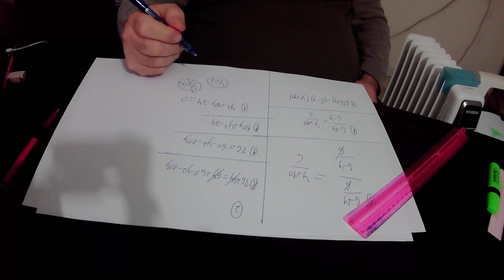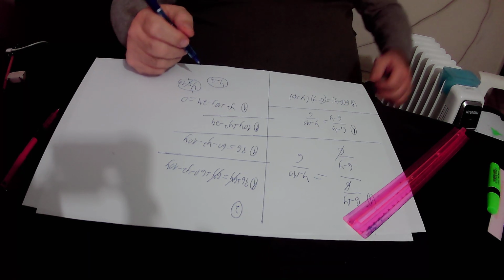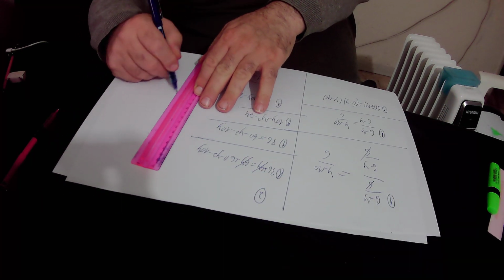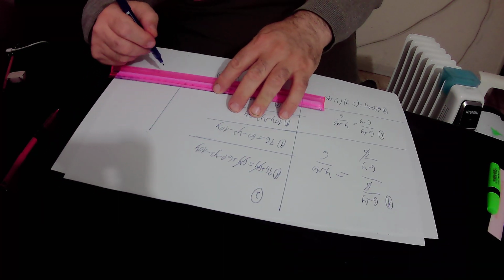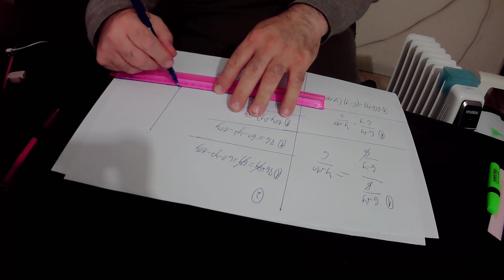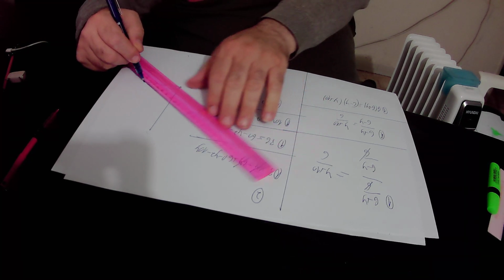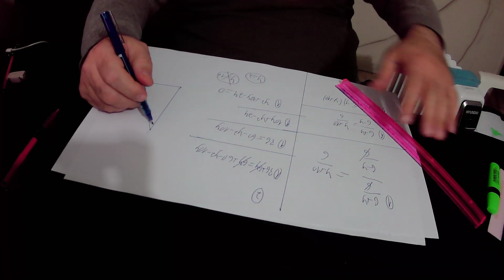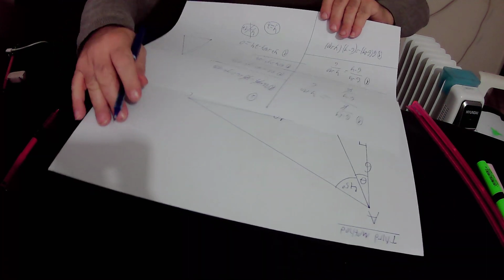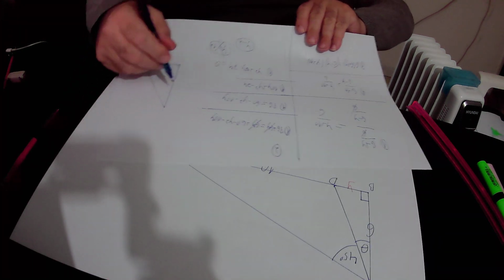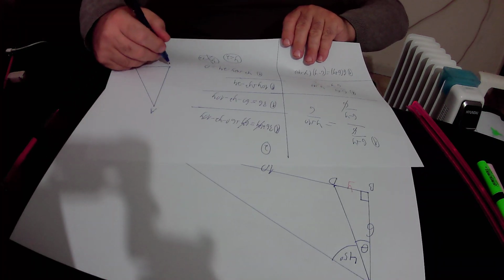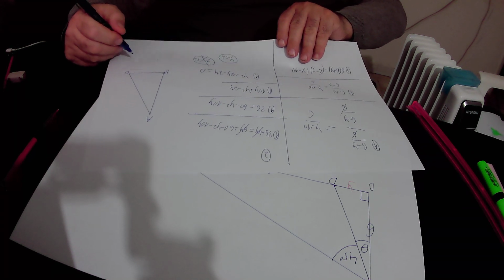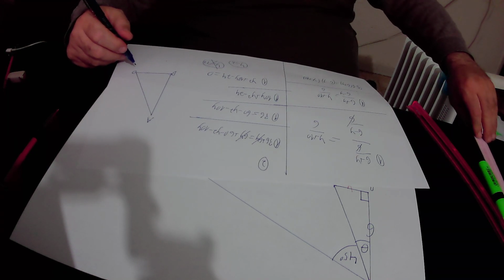So if y equals 2, then we have the right triangle ABD. We know that this is the right triangle ABD. We did it in the second method.